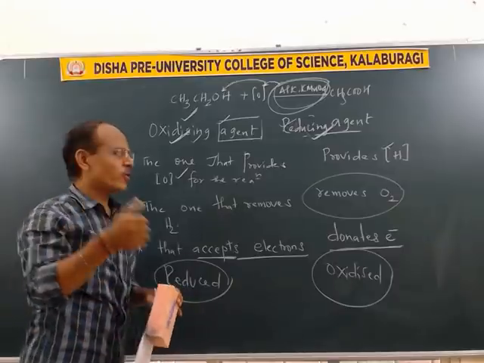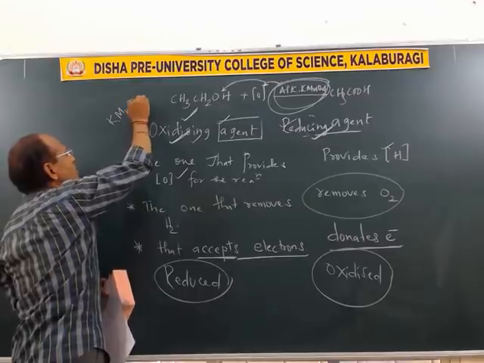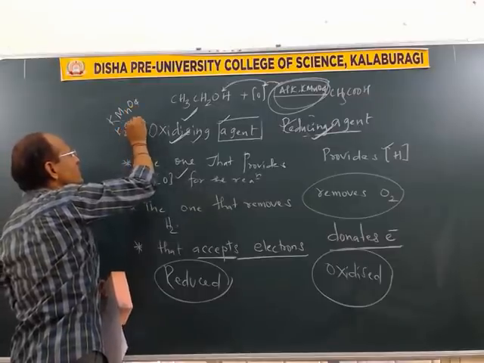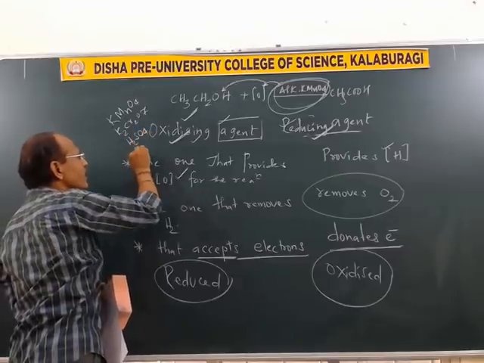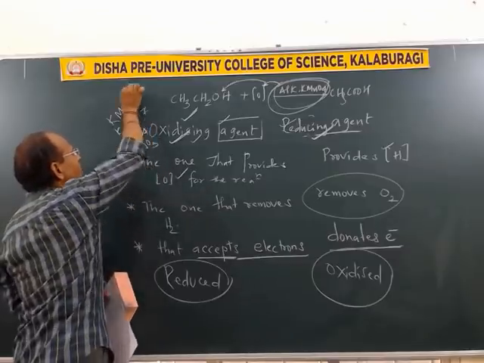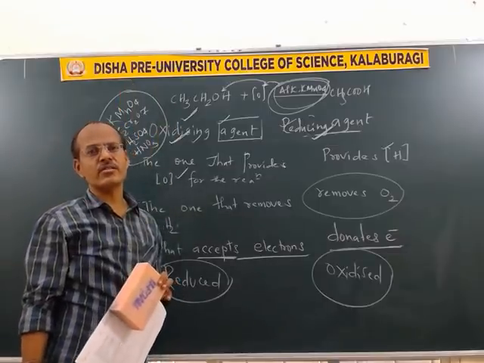Like that, potassium permanganate, potassium dichromate, sulfuric acid, nitric acid are all good oxidizing agents.